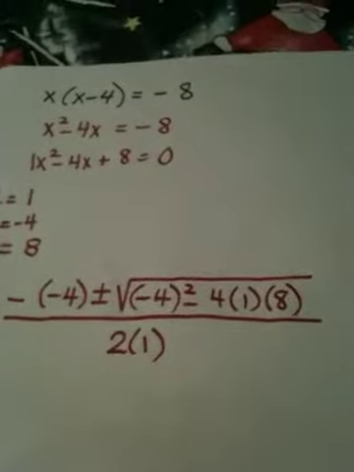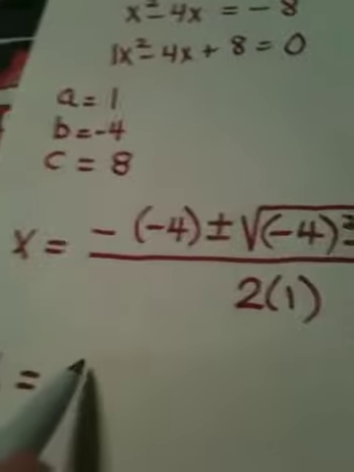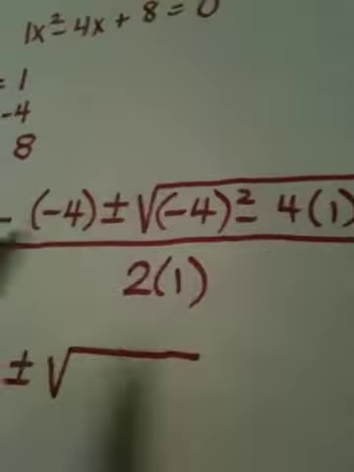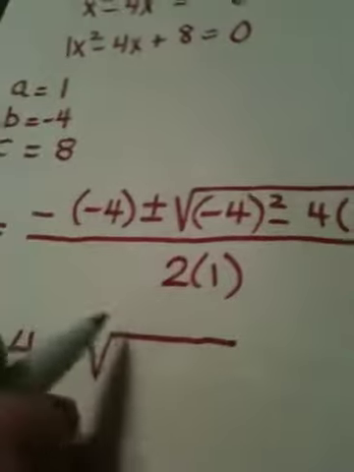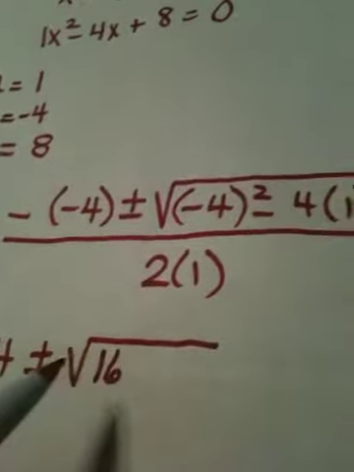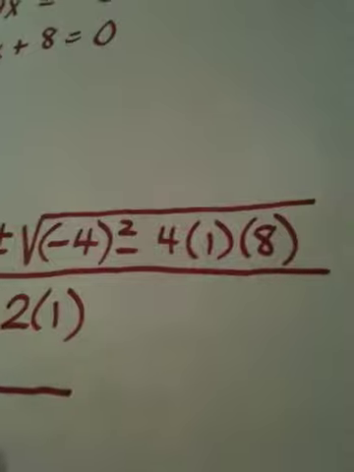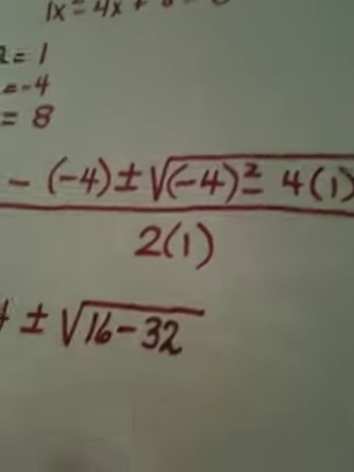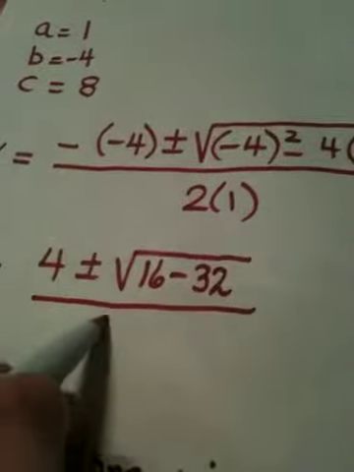Alright? So when I simplify this, I get a 4 plus or minus the square root of negative 4 squared is 16. Negative 4 times 1 times 8 is a negative 32. And this is all over 2.